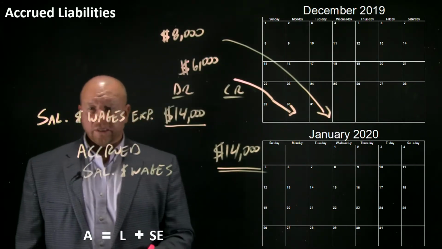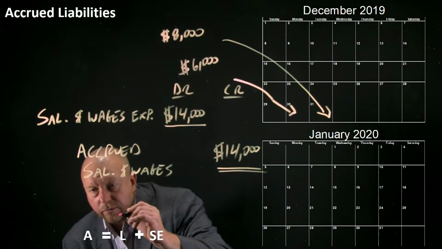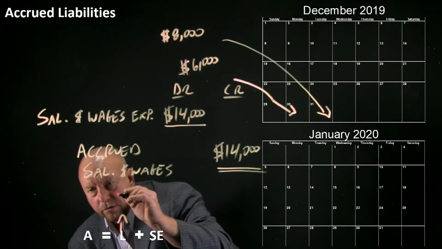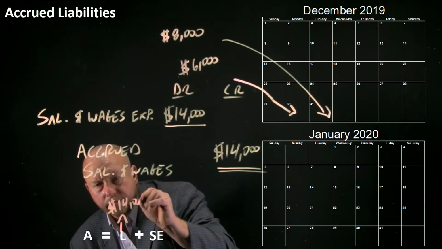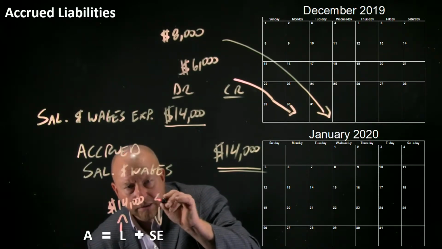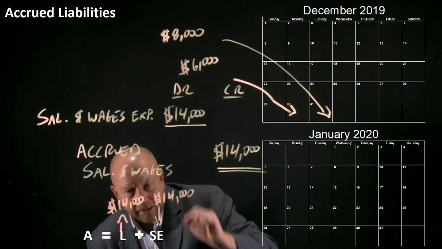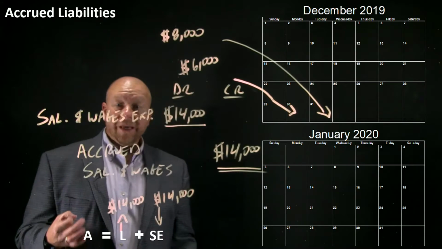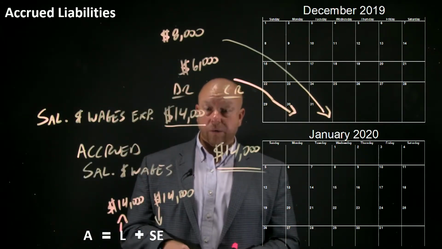It might be interesting to take a moment and look at the accounting equation too. So if we look at this, what's happening is you have a liability, the accrual, increasing by $14,000. And then stockholders' equity will actually be decreasing because ultimately that expense, this extra $14,000, is going to reduce our net income, and that will ultimately reduce retained earnings, which is a component of stockholders' equity.